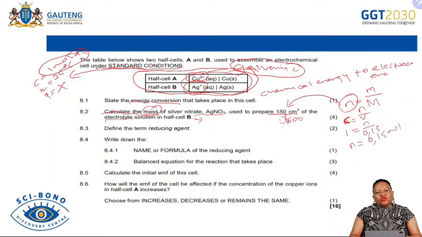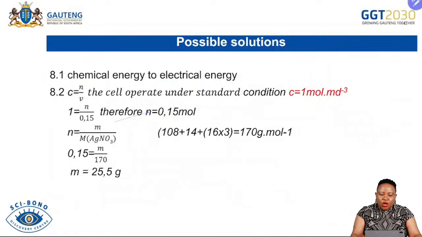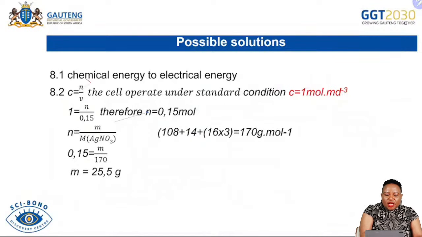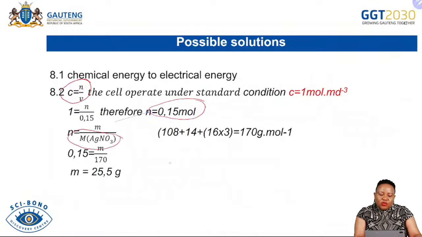Therefore, it is very important that you know that sometimes the information or the numbers can be given as words. As the standard condition was given as one of the conditions, we were supposed to use that information to determine our concentration. So we calculate our number of moles, which is 0.15, and after that we calculate the molar mass of silver nitrate, which is silver 108, nitrogen 14, and 3 oxygen, which is 16 times 3.